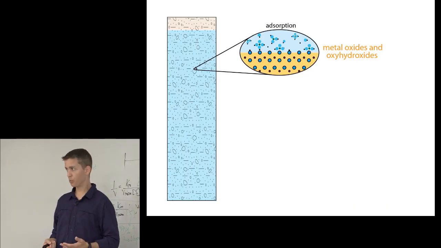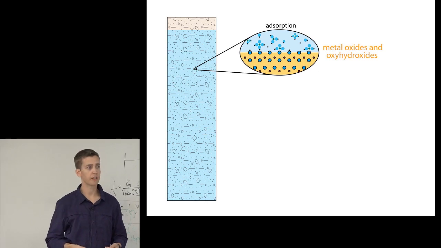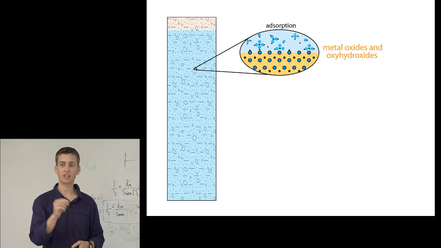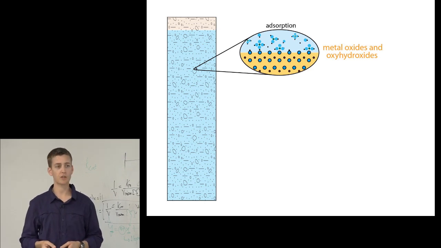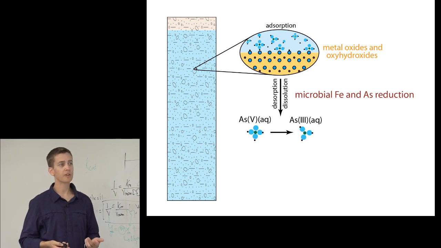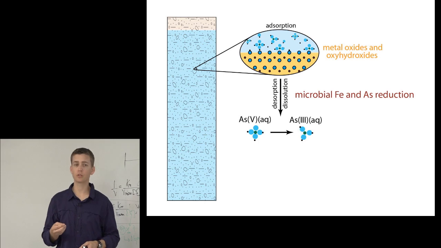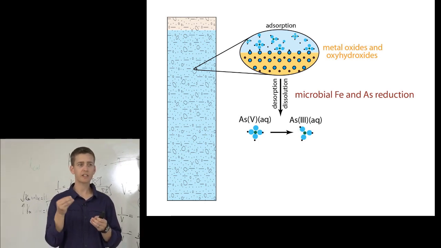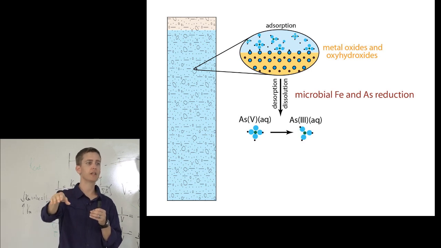So one of the most important controls on arsenic mobility in an aquifer is adsorption. Arsenic likes to stick onto iron oxides and oxyhydroxides. When iron-reducing microbes start using those minerals as their electron acceptor, it causes the mineral to reductively dissolve. The mineral dissolves, so any arsenic that it contains can get kicked out into the solution.